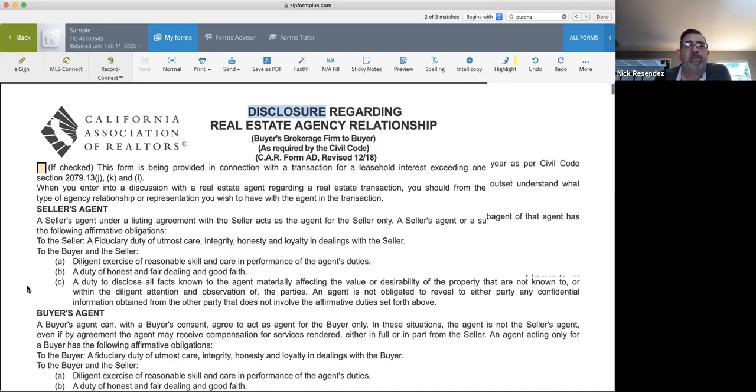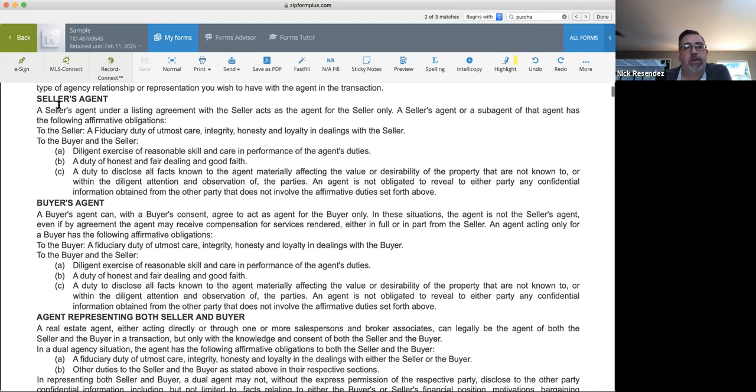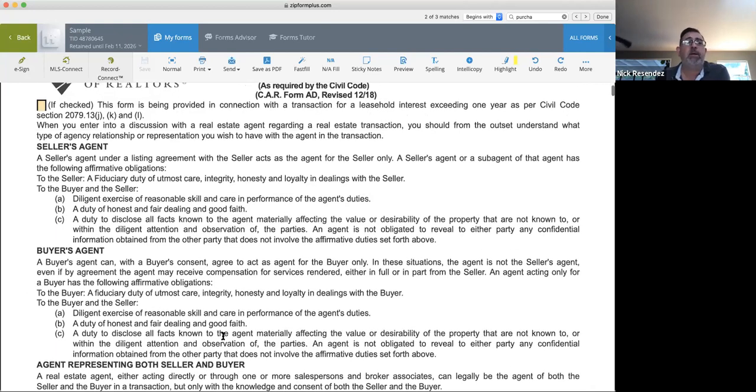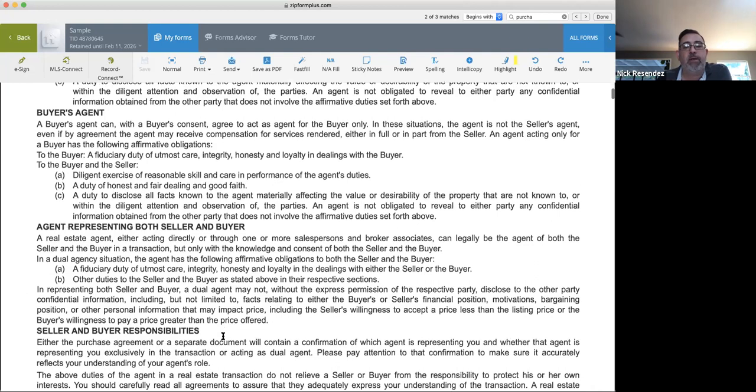This form is broken down into three parts: a seller's agent, a buyer's agent, and an agent representing both the seller and the buyer. So you're going to use this form for sellers, buyers, or dual representation, okay? It's pretty basic and pretty simple. We're writing an offer in this scenario, so I'm just going to go through the buyer's agent part of it. We're going to act as a buyer's agent only.